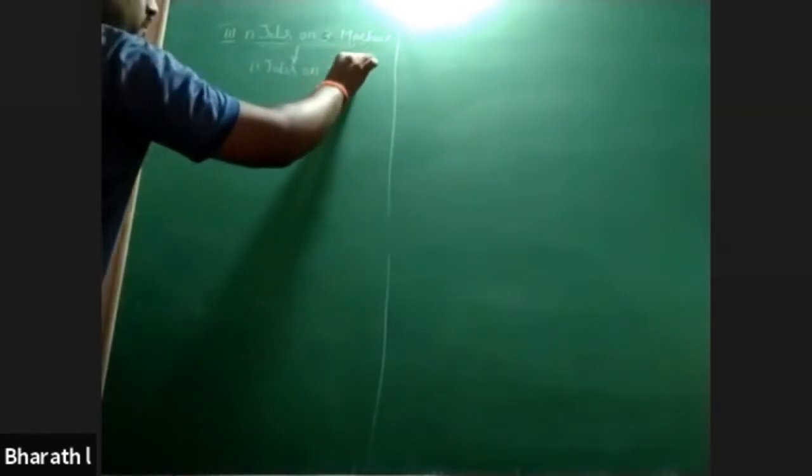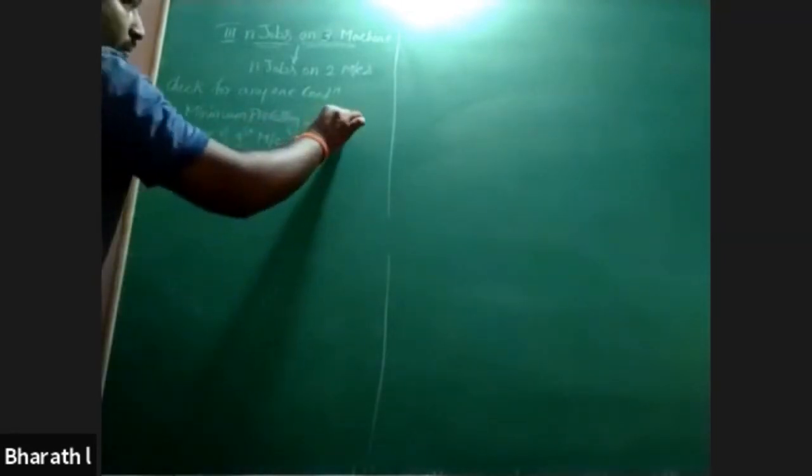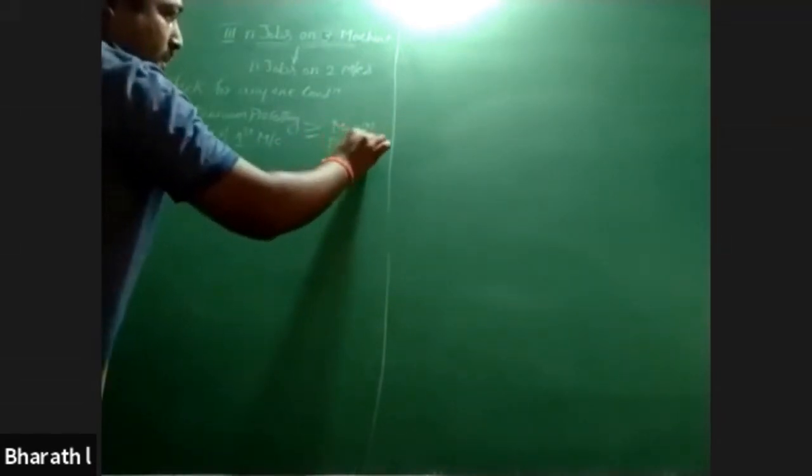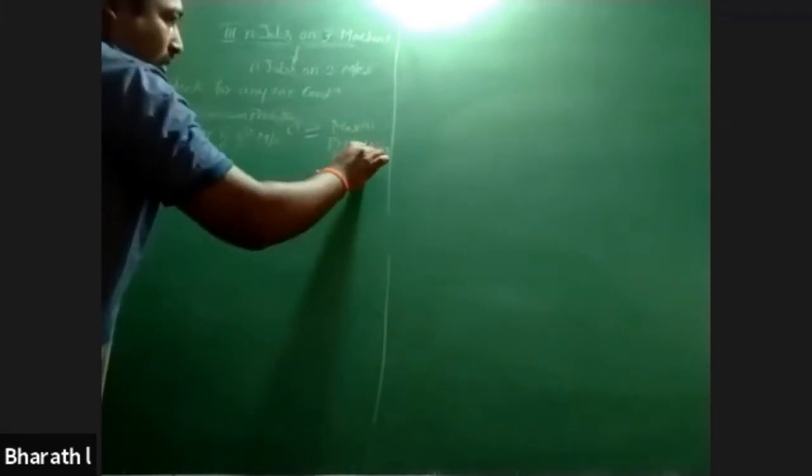Before going to the problems, in sequencing, if you have n jobs on 3 machines, we will convert this type into n jobs on 2 machines by checking the following conditions, any one of which must hold. First, the minimum processing time of the first machine must be greater than or equal to the maximum processing time of the second machine.